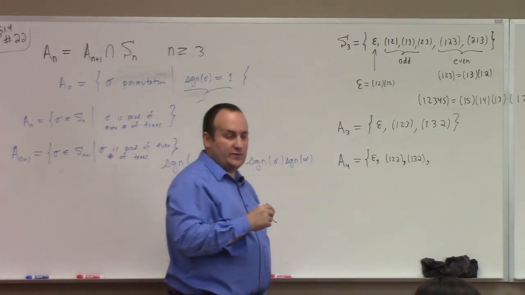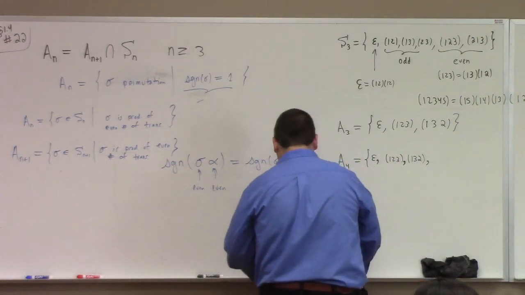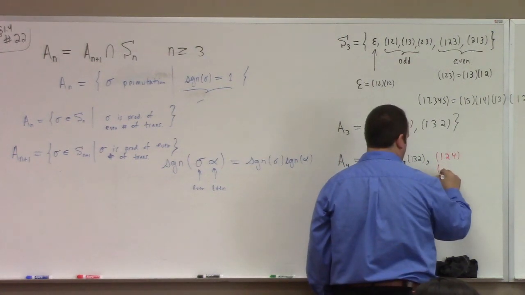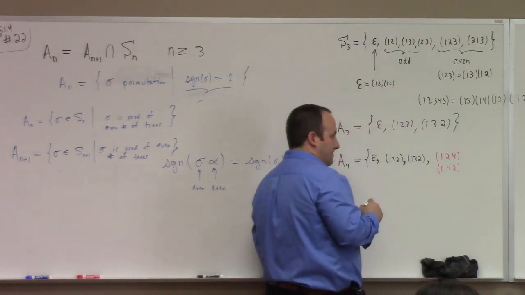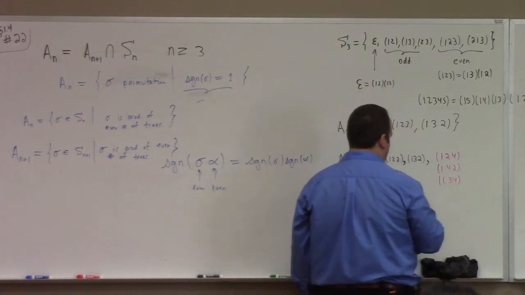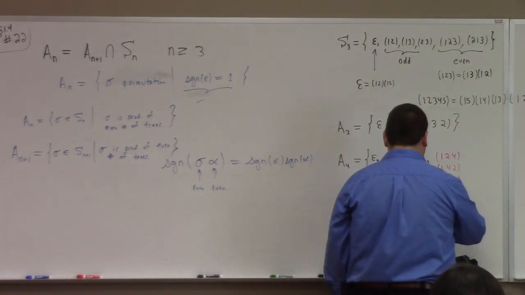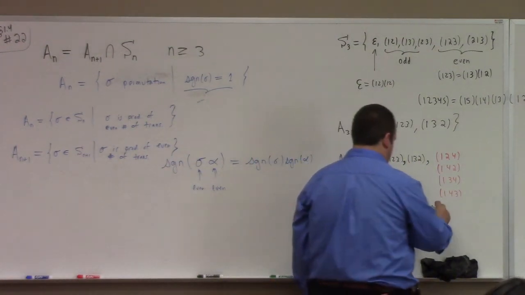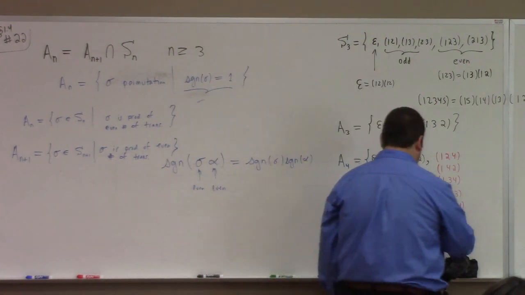Those are even permutations. What are the new 3-cycles in A_4? Yeah, (1 2 4), (1 4 2), (1 3 4), (1 4 3), (2 3 4), (2 4 3). Does this ever end?